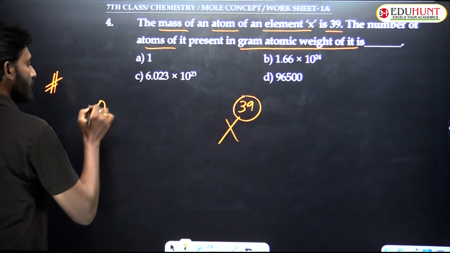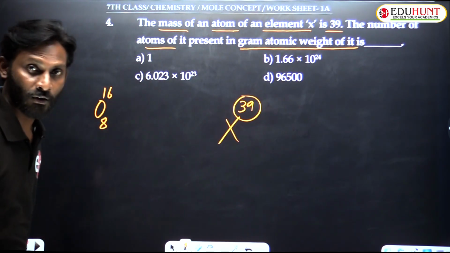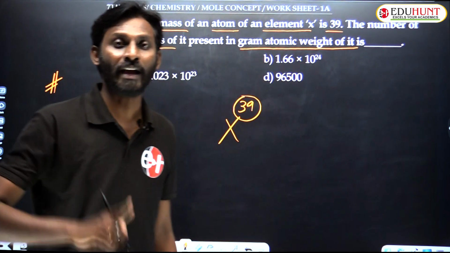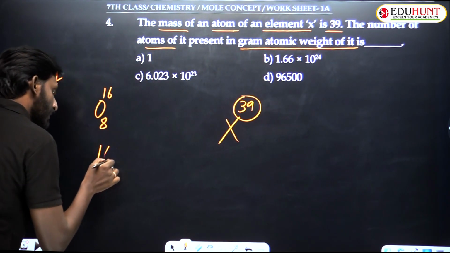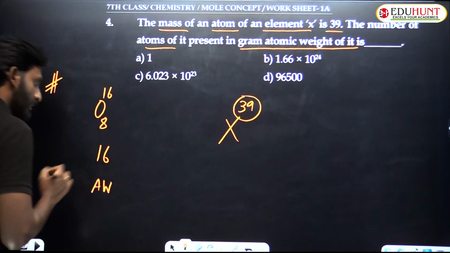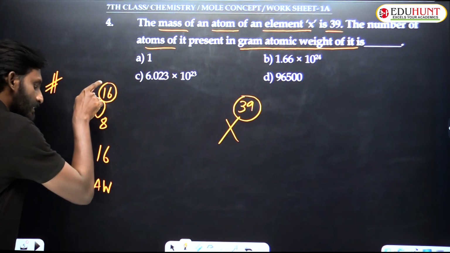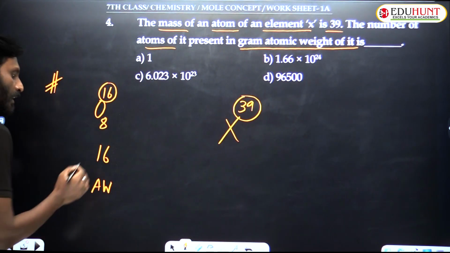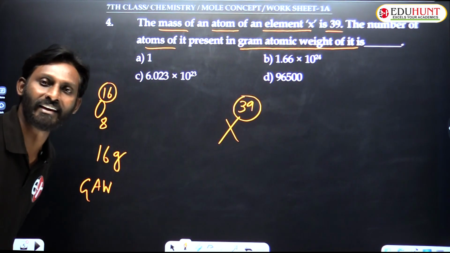Suppose oxygen, atomic number 8, mass number 16. In that theory video I explained that if mass number is 16, then 16 is the atomic weight. If 16 is the atomic weight, take that in grams, it will become gram atomic weight.